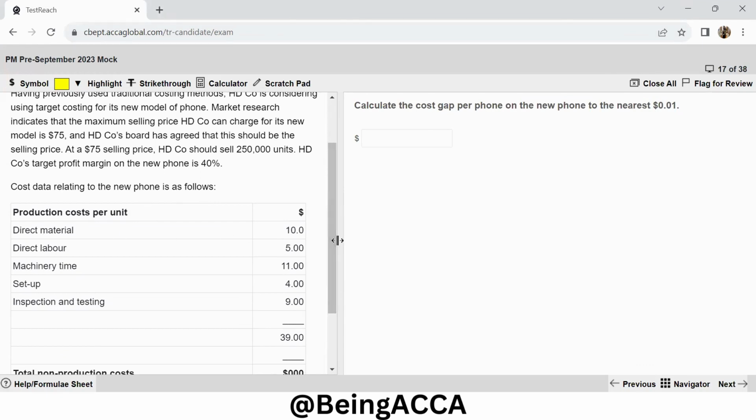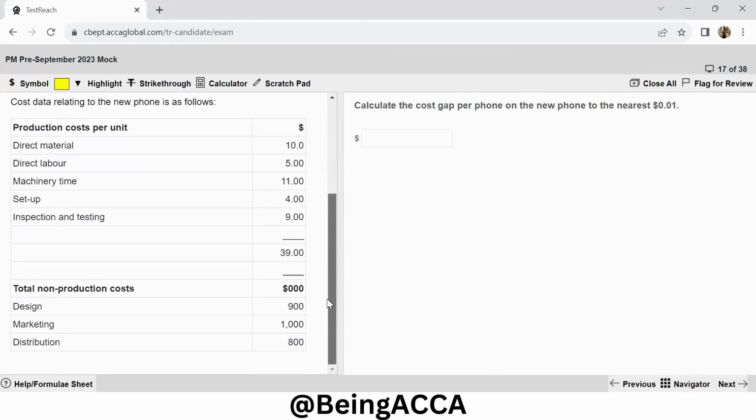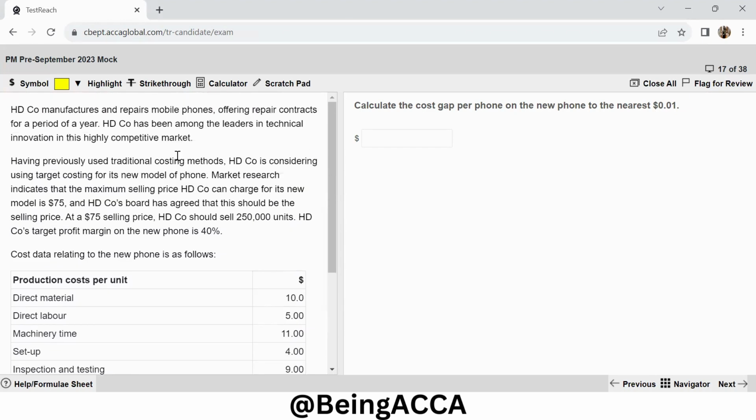Okay. First of all, let's total whatever the variable cost will be. So variable cost is 39 and the number of units that is given to us is 250,000, right? So the total variable cost that we will be incurring will be 250,000 multiplied by 39.